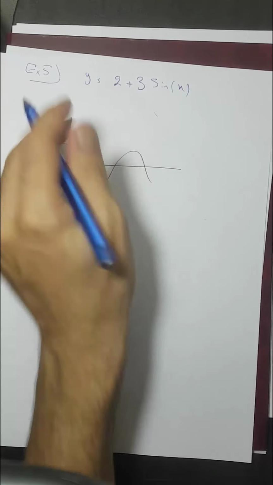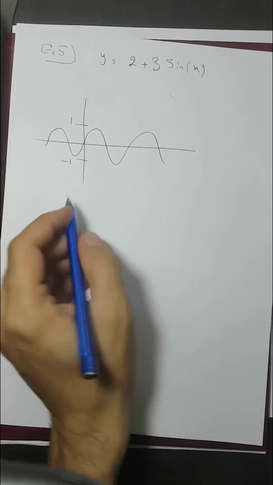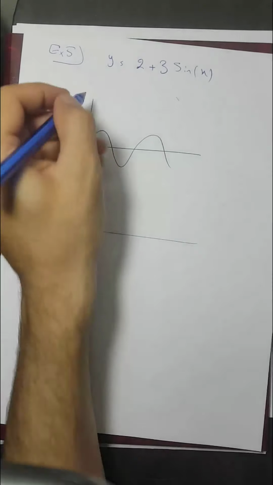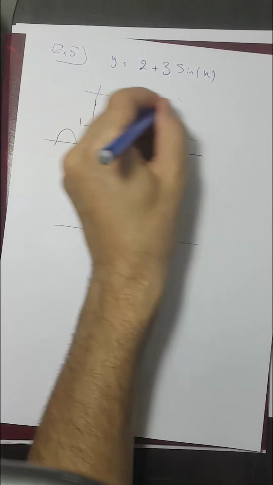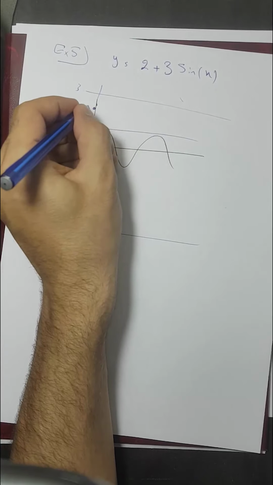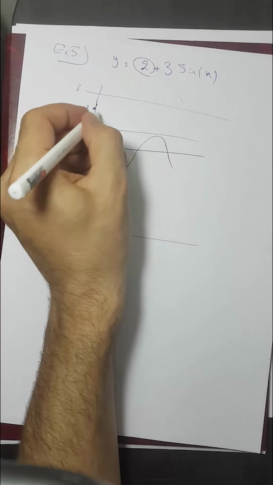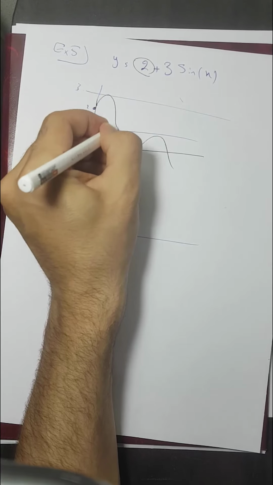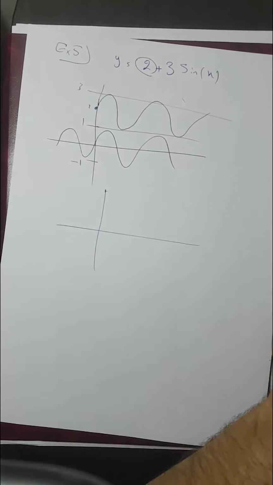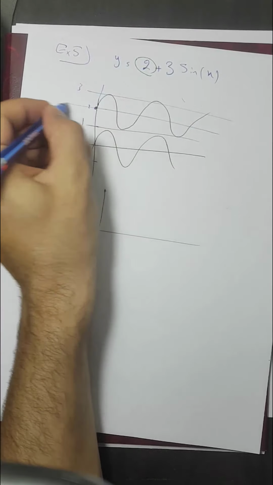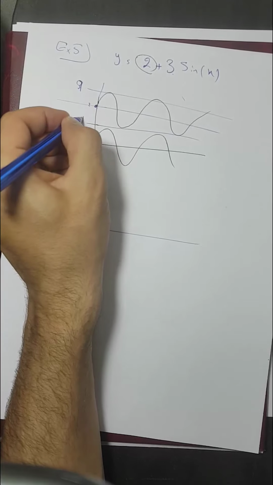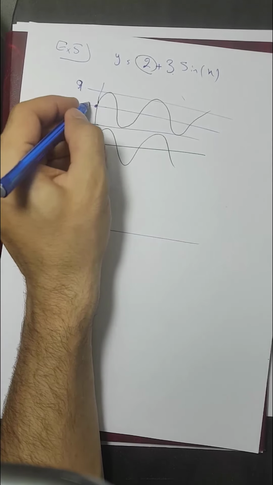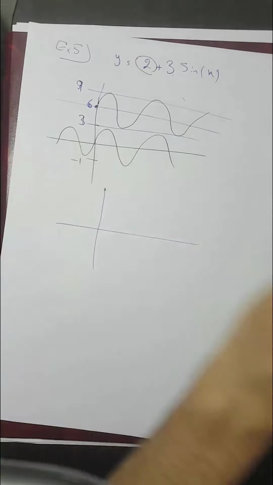Because we have a 2, I'm going to change it to the second one, going between 1 and 3, and here's 2. Now again I have a graph like that. Here's 3. Now I'm multiplying by 3, so 3 by 3 is equal to 9, 1 by 3 is equal to 3, so my graph is between 3 and 9, okay?